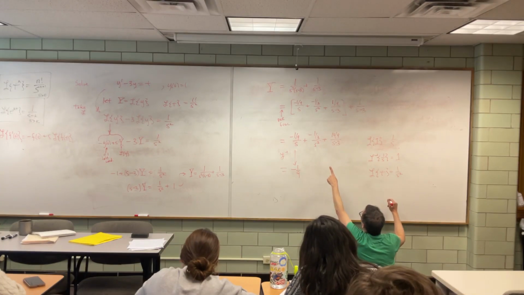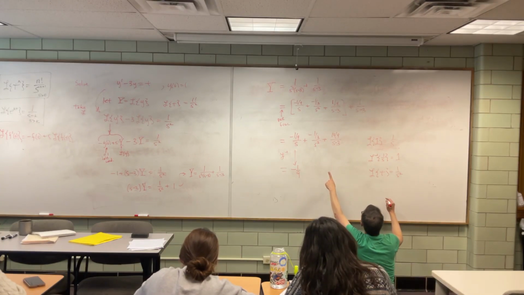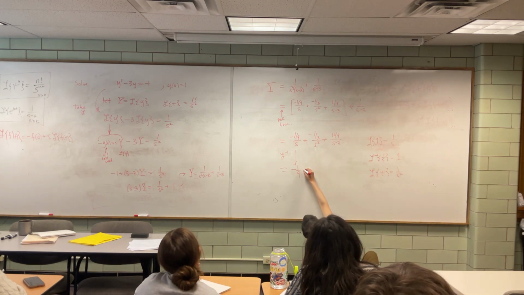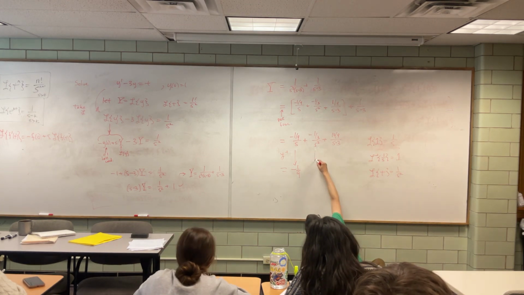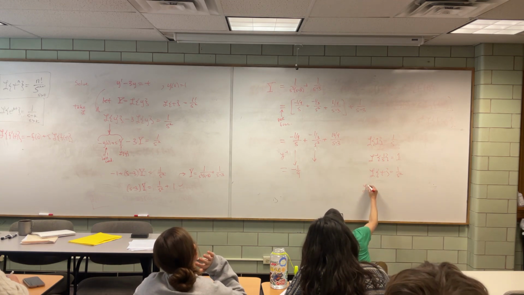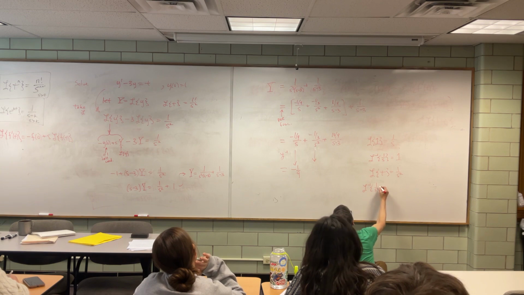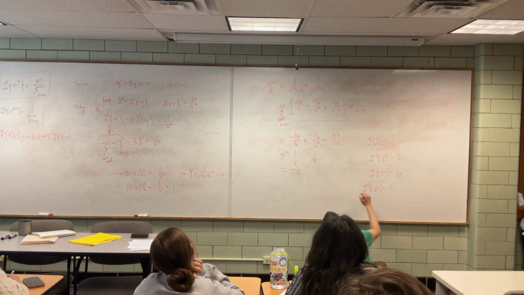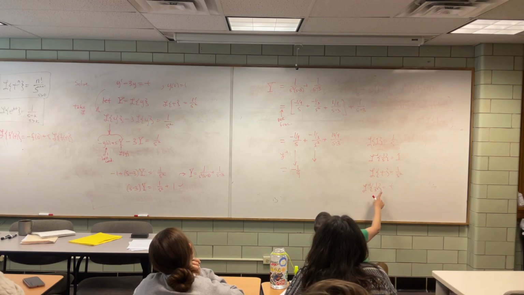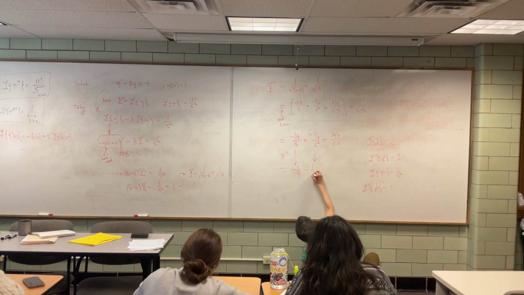There's a 1 over s squared, but it's got a -1/3 in the front. What goes here? So here, let me write: the inverse transform of 1 over s squared is t. So what's the inverse transform of -1/3 over s squared? Thank you, -1/3 t.